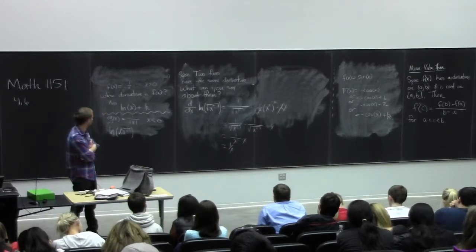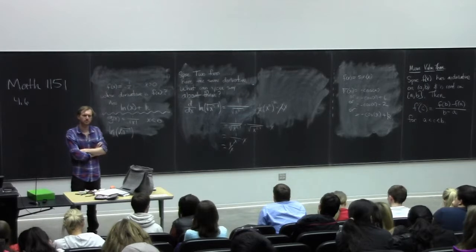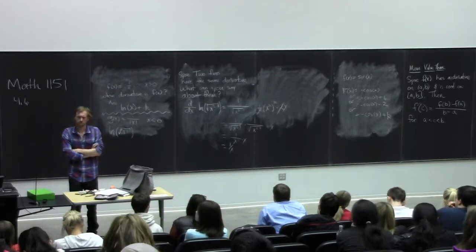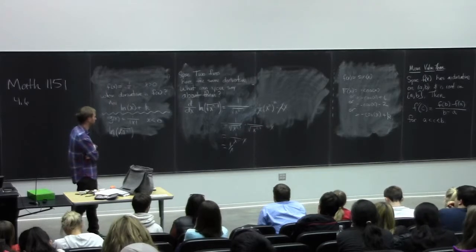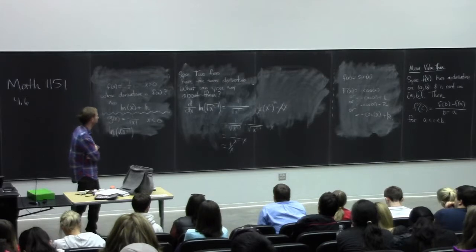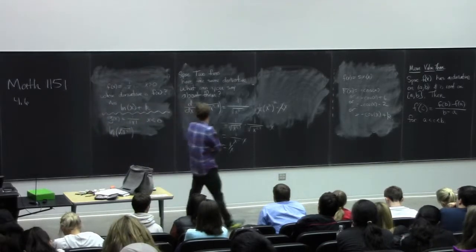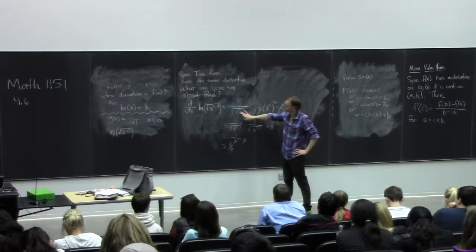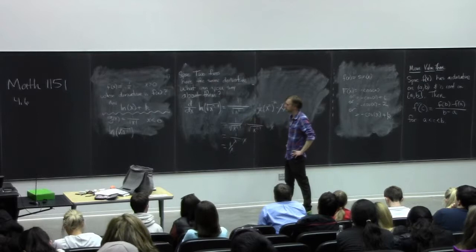I thought I wanted 1 over absolute value of x. Why? She says it's been squared and canceled when I take this derivative. What about when x is negative, what's going to happen here?